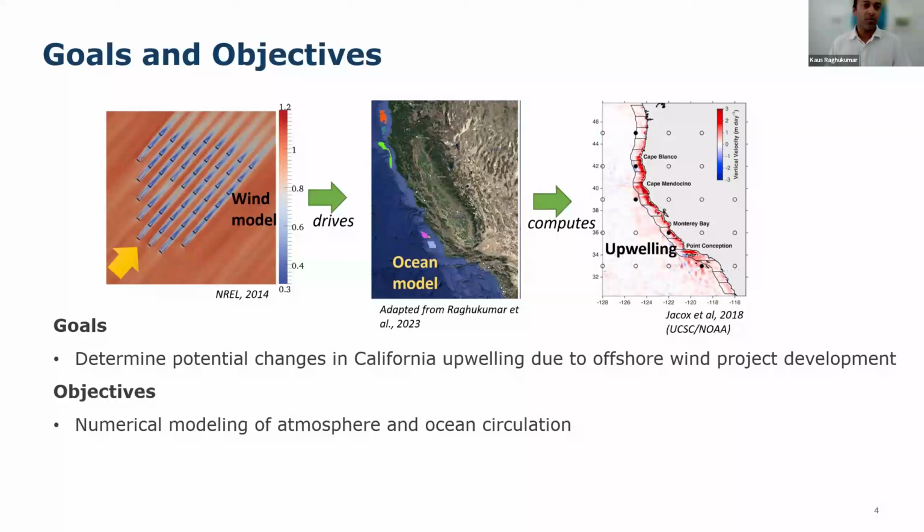We used both an unperturbed baseline model with no turbines, and a wind turbine model where turbines have been introduced into the same atmospheric model. We separately forced an ocean model with these two sets of wind forcings, and then looked at the effect with and without turbines on upwelling in terms of operational upwelling metrics.